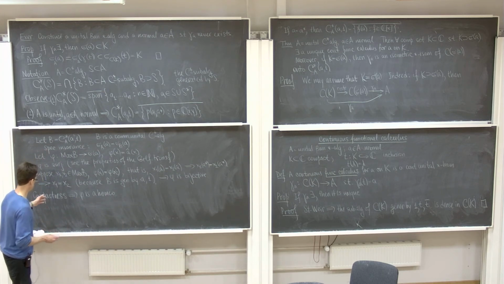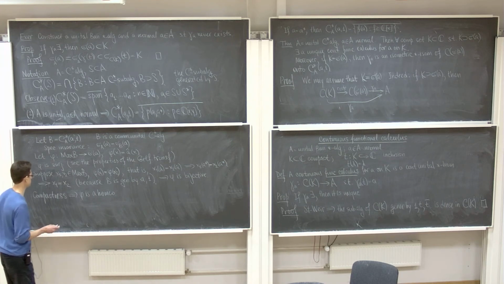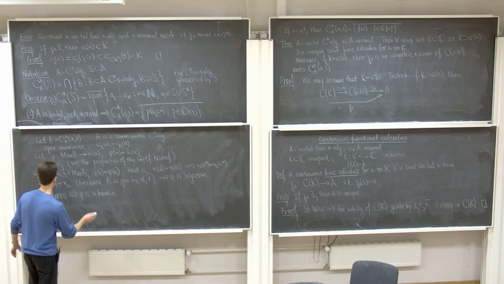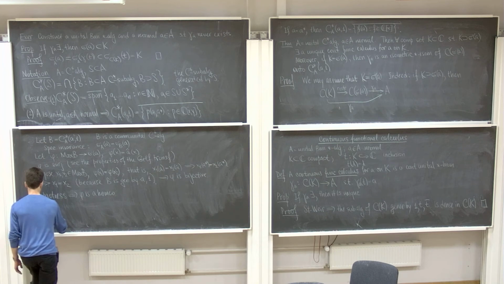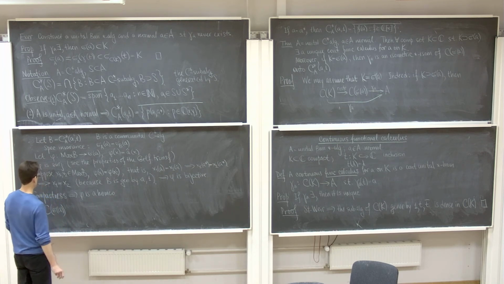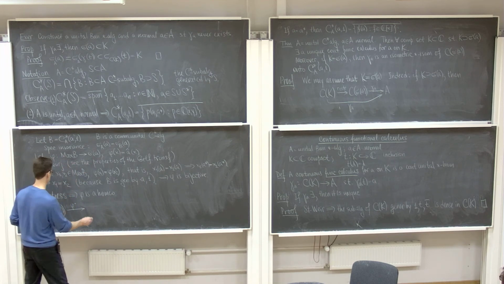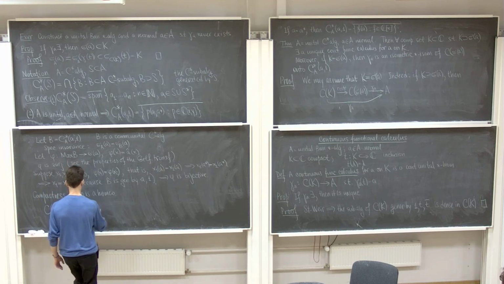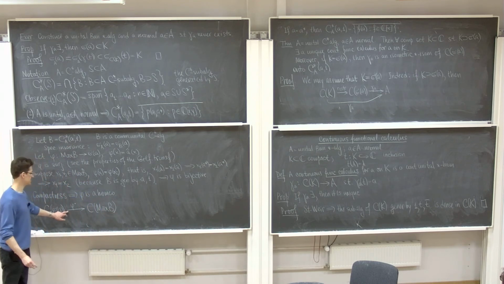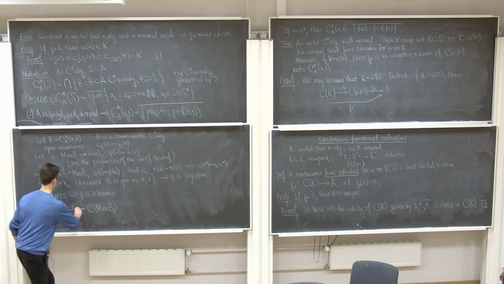Okay, let's now use this fact for our construction of functional calculus. So we take the algebra of continuous functions on sigma of A. We have a unital, isometric star isomorphism phi dot between this algebra and the algebra of continuous functions on the maximal spectrum, max B. This is the isomorphism induced by phi.